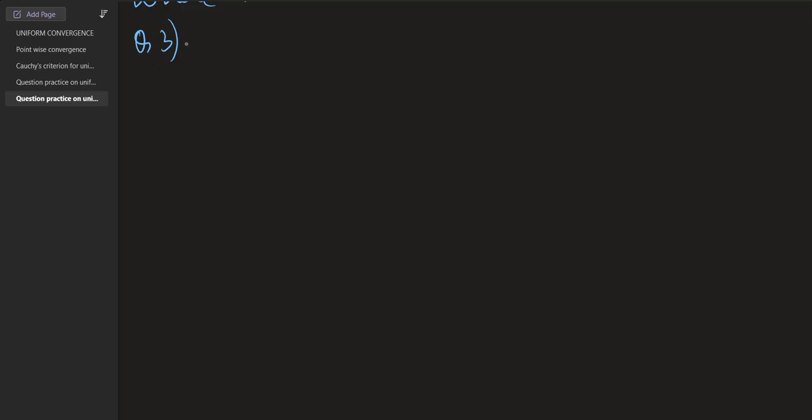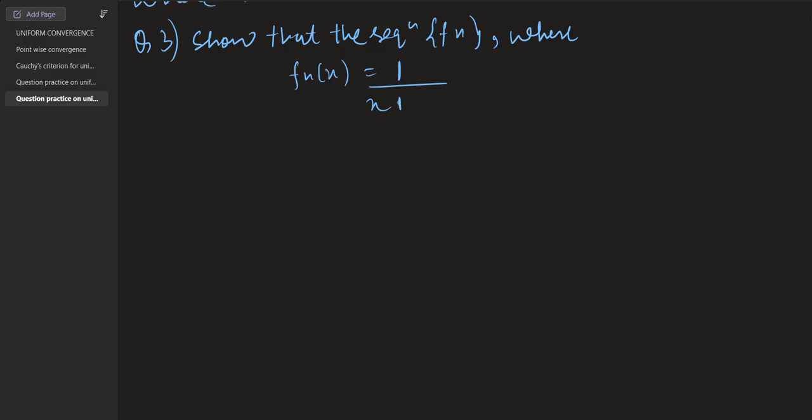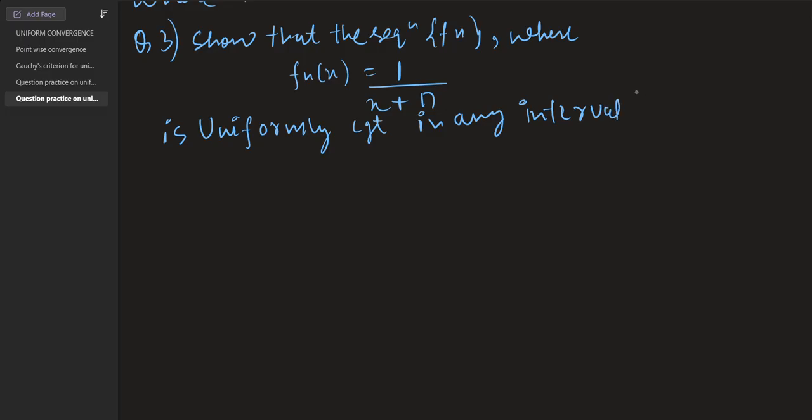Now in the third question we have to show that the sequence fn, where fn(x) is 1 upon (x plus n), is uniformly convergent in any interval [0, b] where b is greater than 0.